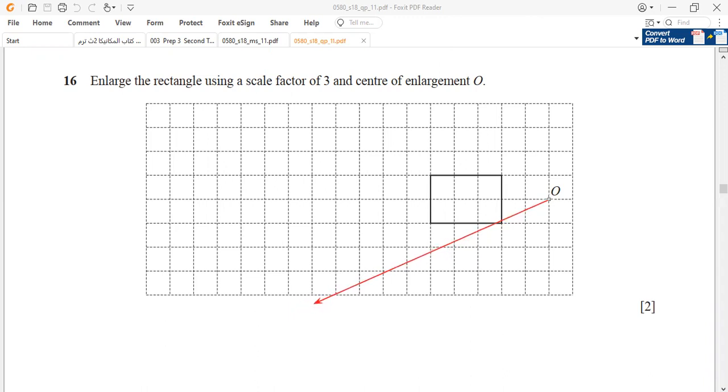Draw a ray passing through the first vertex of the rectangle, this vertex here.